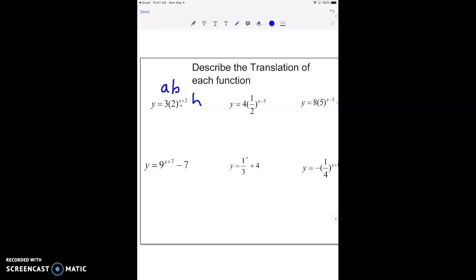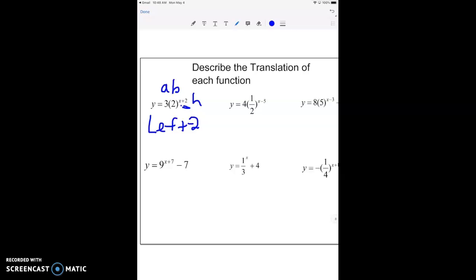How does this shift? The only shift I can talk about here is a horizontal shift. It comes from that plus h. Remember, we're talking opposite, so if I see +2, you really think right, but because we do opposite here, this is actually a shift of left 2.